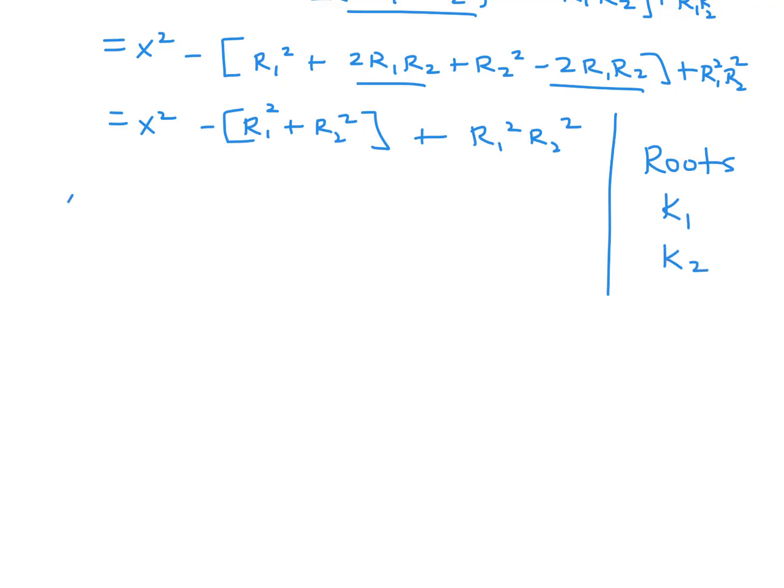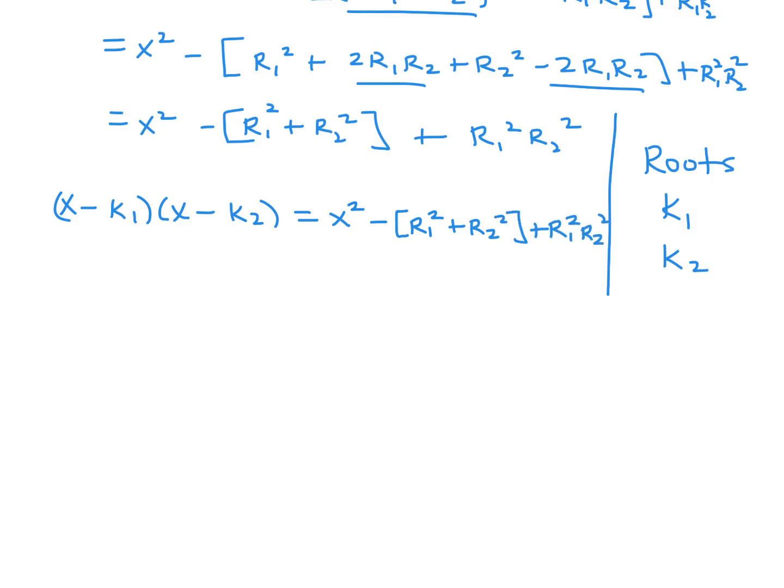So very similar as before, this can be written as x minus K1, x minus K2, and it's x squared minus r1 squared plus r2 squared plus r1 squared r2 squared. Okay, so yeah, that is correct.